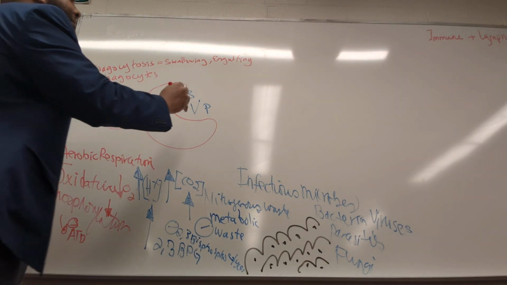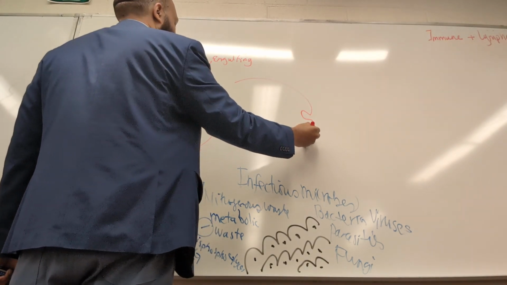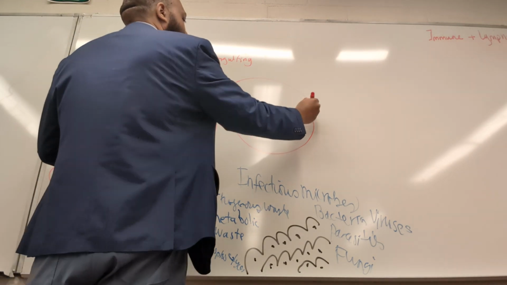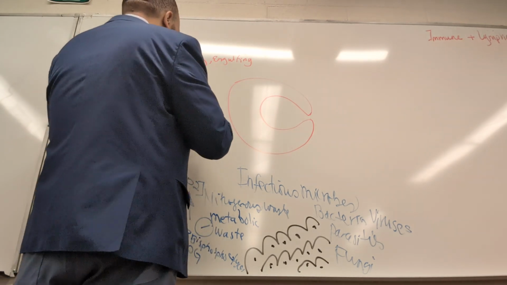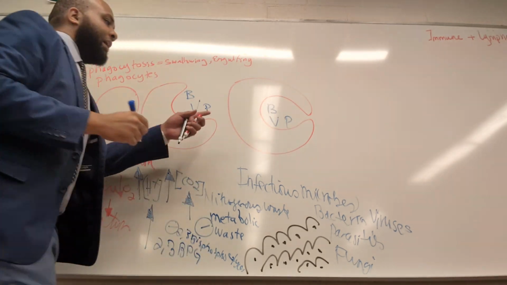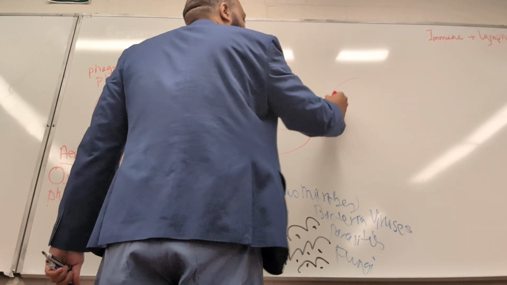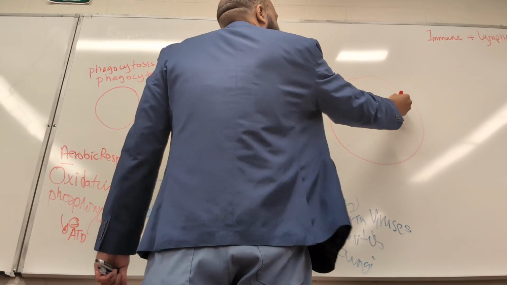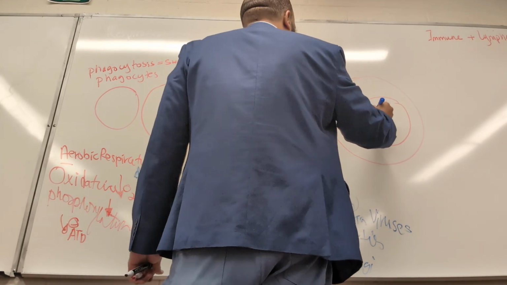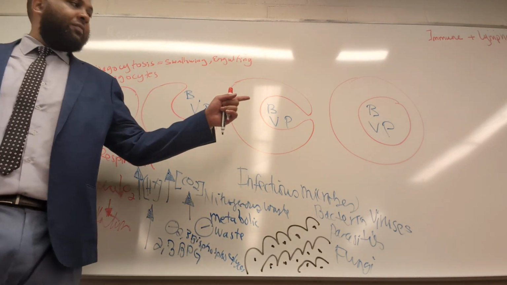Then when they surround the microbes, what's going to happen next? This is the bacteria, the virus, the parasite, they will engulf them. Then they will close them inside an intracellular vesicle. Bacteria, virus, parasite, in an intracellular vesicle.